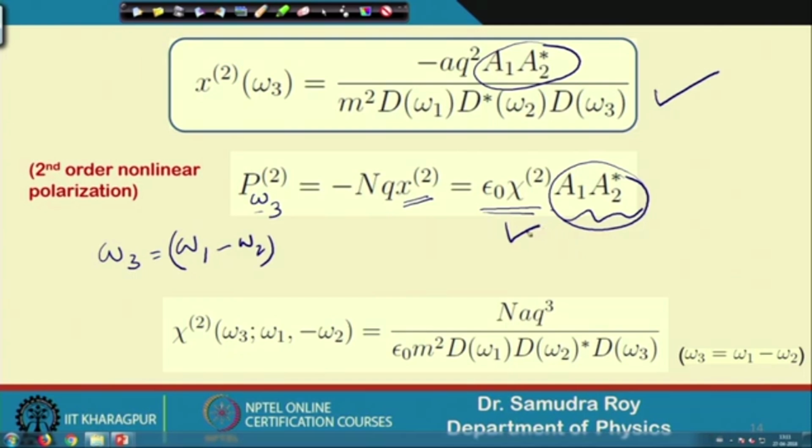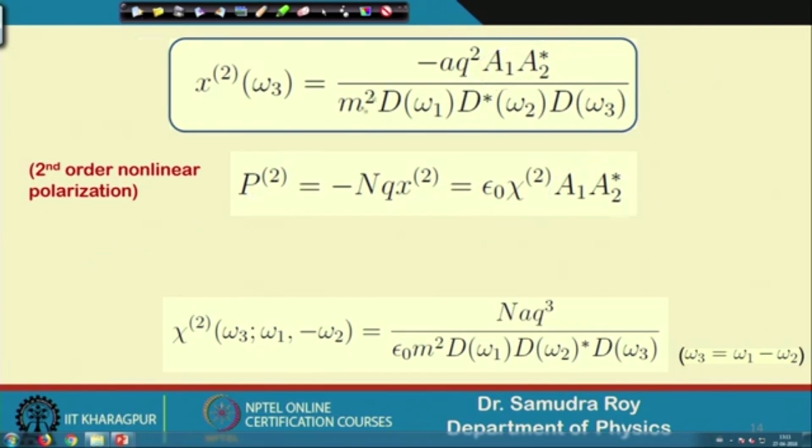So chi 2 can now be represented in terms of everything. I just replace here, so this is now equal to this. A1 A2 will cancel out, epsilon 0 will go down, and after some small calculation you will come to this form.